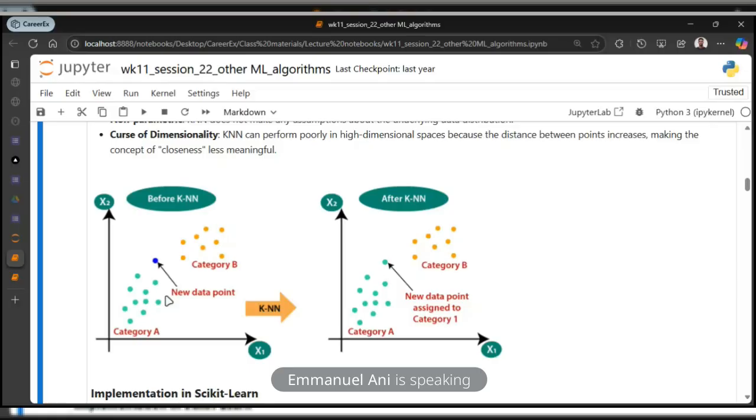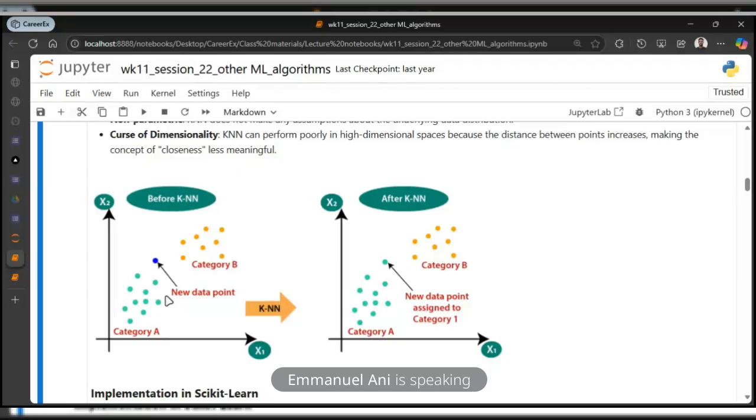Now I've introduced another new notation, which is dimension. Dimension in ML is the same thing as features. Each feature, each X variable, corresponds to a single dimension. So if you have 10 features in your data set, that data set has 10 dimensions.